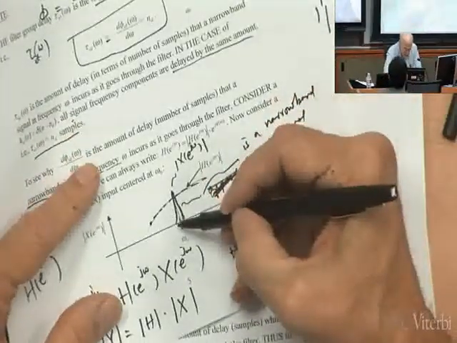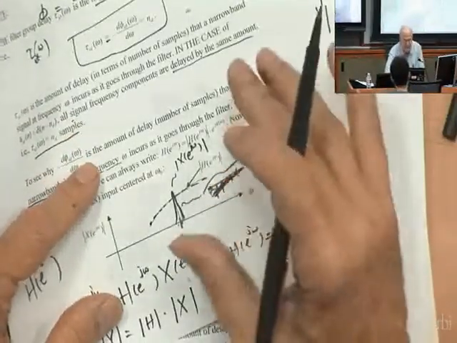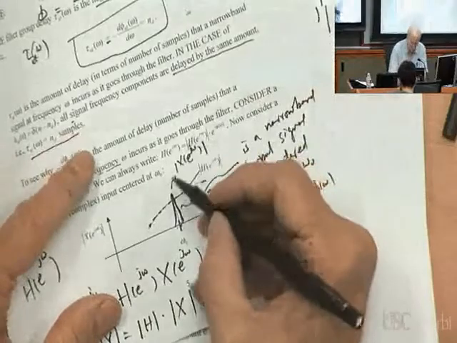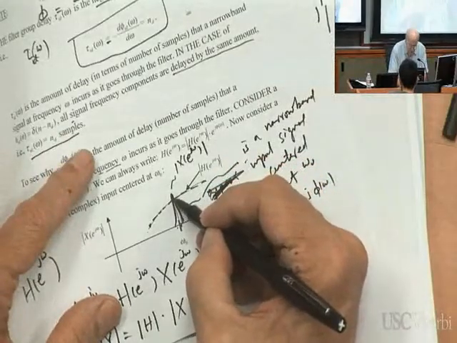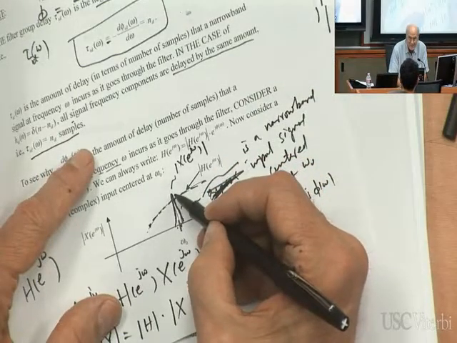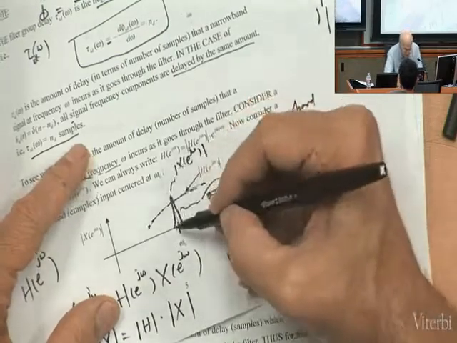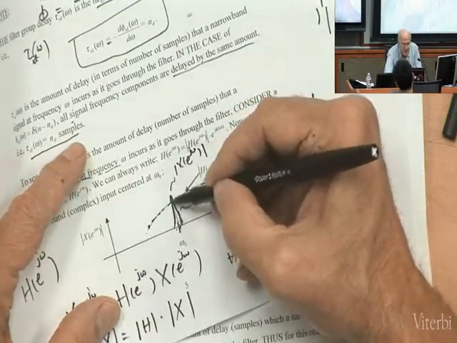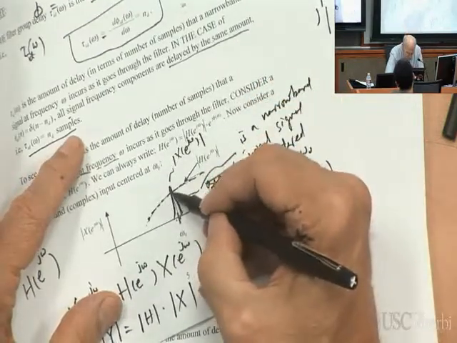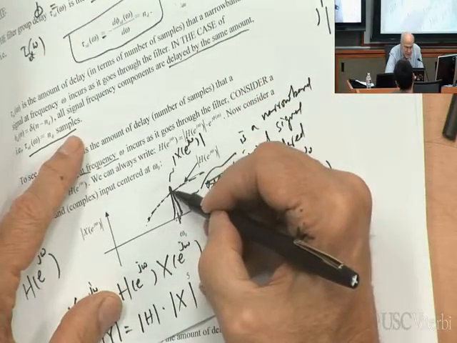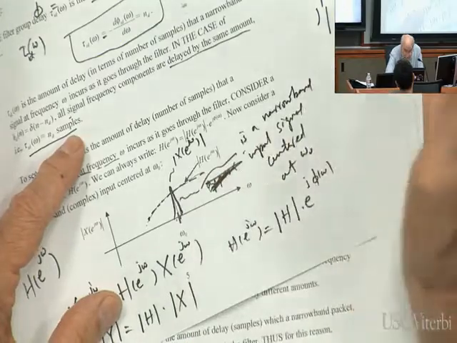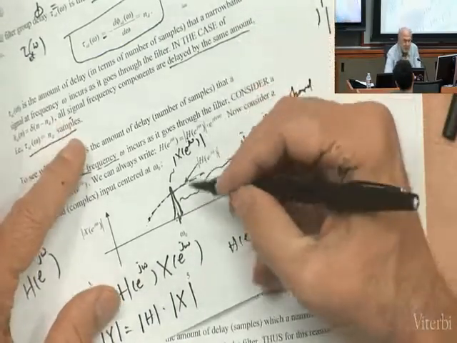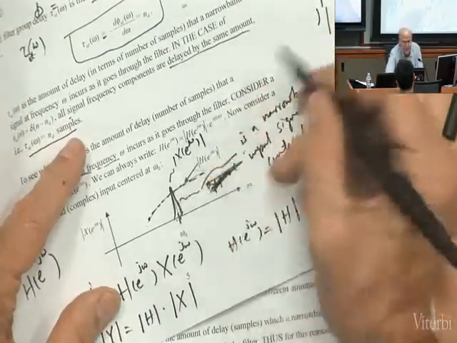But for this example, all I'm saying is that right in this region where X is non-zero, H over that very narrow region is constant. This signal's frequency response is so narrow that the magnitude of H doesn't change much over that tiny little region. Buy that? Seems reasonable. And if you don't buy it, I'll just make X even narrower.